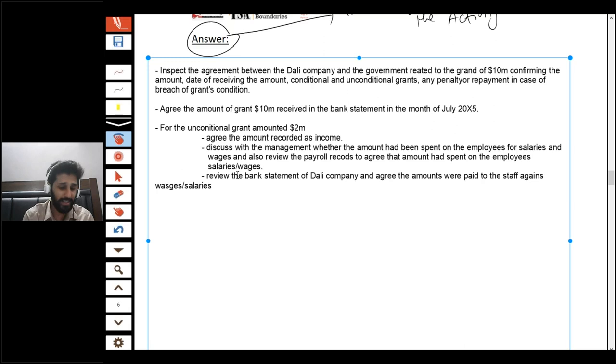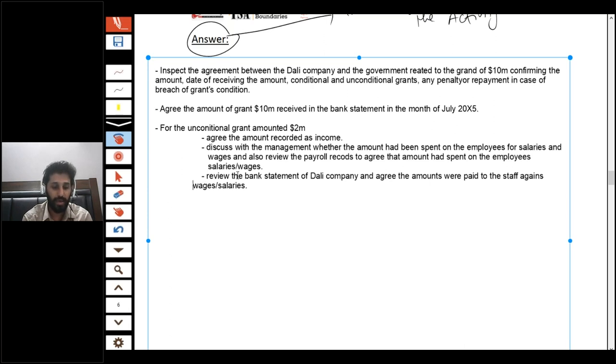You know what I am writing here? I'm not writing the audit procedure. Simple. Try to learn and try to catch my words. I am not writing the procedure, I am writing the accounting. And before the accounting, I am writing the words inspect, review, and all that, right?